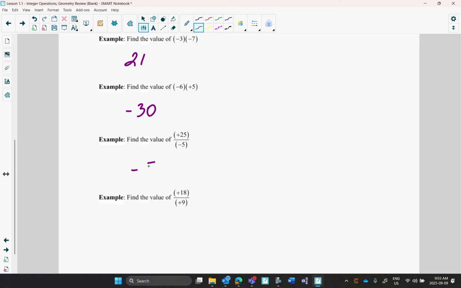Negative 5. 2. Or positive 2. You don't need to write the positive. Okay, that's pretty straightforward. We're still going to see this division sign a little bit, but we're going to start getting away from it. To represent division, we're going to use the division bar a lot more, just so you know.